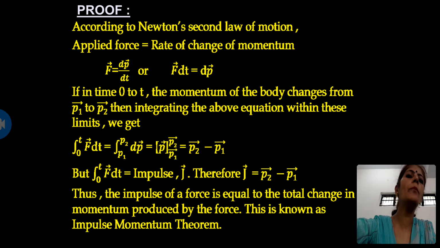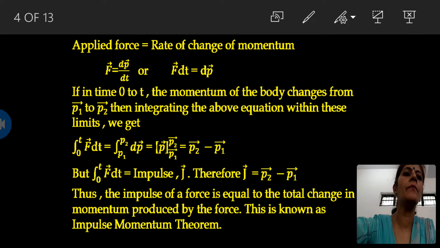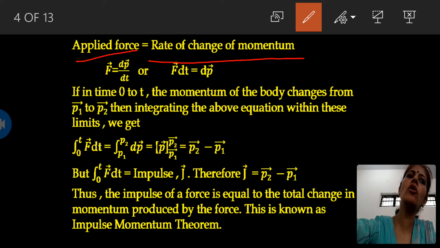Now next come to the proof of the impulse momentum theorem. So here let us start with Newton's second law of motion. According to Newton's second law, applied force is equal to the rate of change of momentum. Therefore, F vector is equal to dp vector by dt, or F vector dt is equal to dp vector.